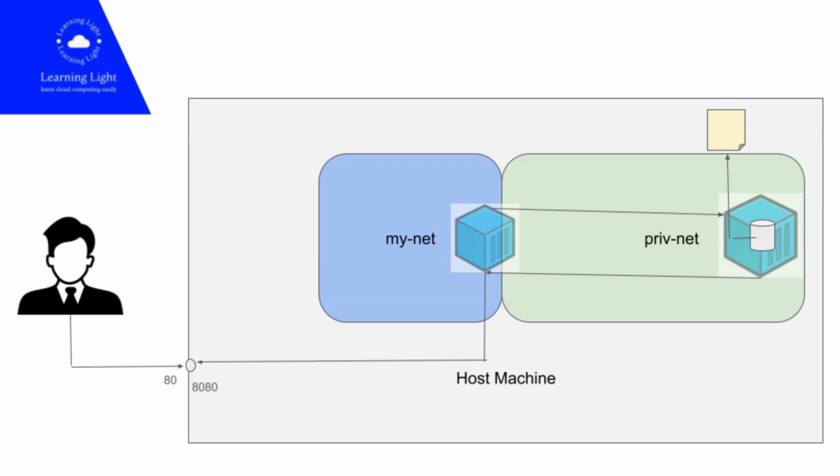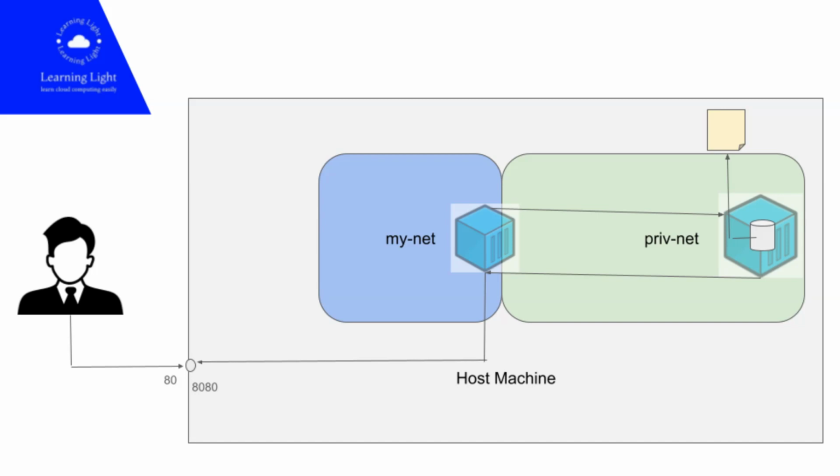So no one from the external world can reach the database. The database is in a secure private network. But the Python application can communicate with the database because it belongs to both of the networks, and it can fetch the data from the database and serve it to the external user.